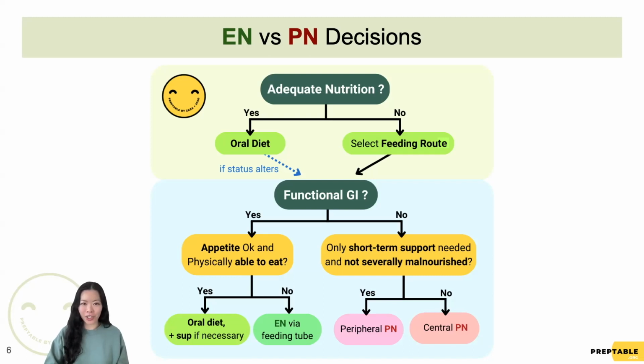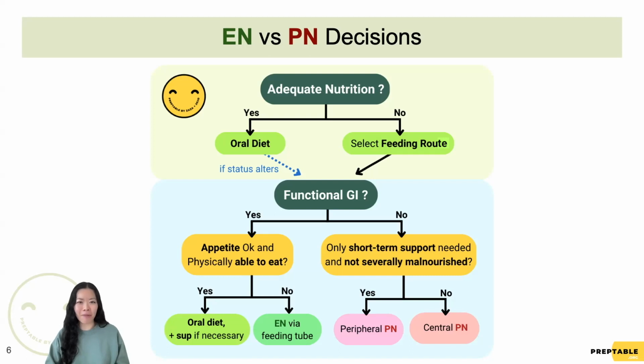The first question you have to ask is, does my patient have adequate nutrition? To figure this out, you need to estimate energy needs based on your hospital's protocol. It can be indirect calorimetry, Mifflin, activity factors, quick methods, and sometimes the kcal is already prescribed by a doctor.